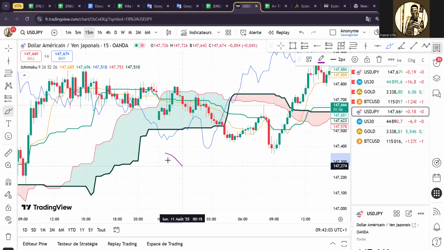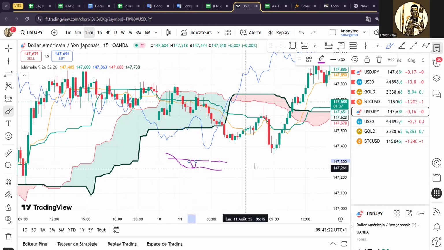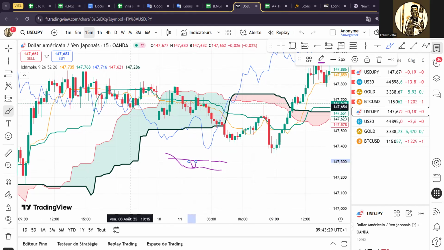You have a TK cross like this to the downside, and then Tenkan and Kijun will continue being a little bit flat. Tenkan will start going a little bit down, making some stairs, but the space between them will be very tight, as tight as a finger.